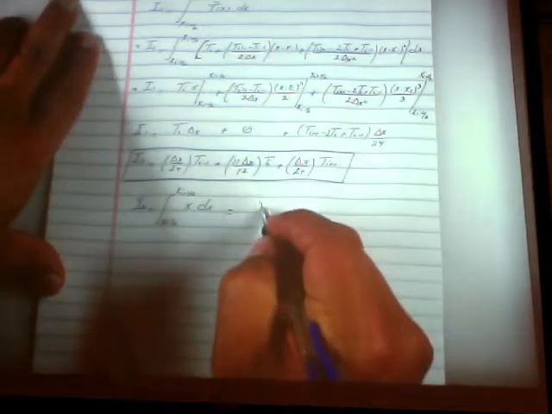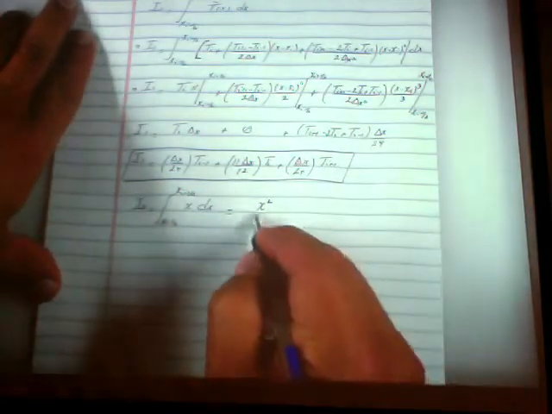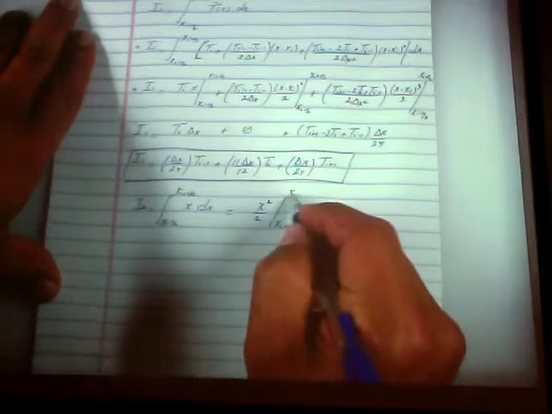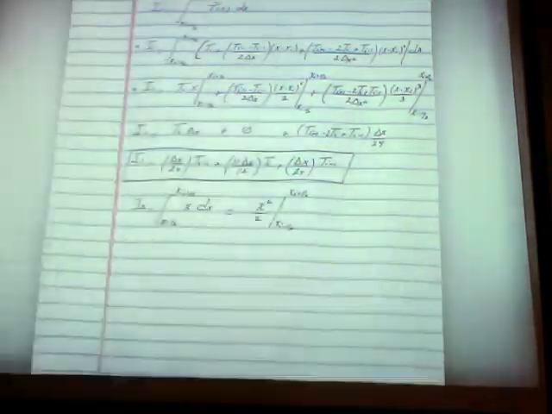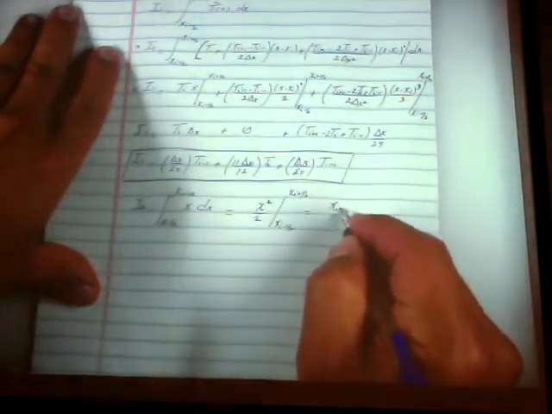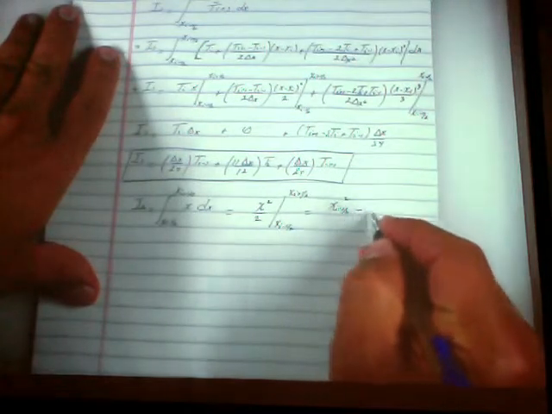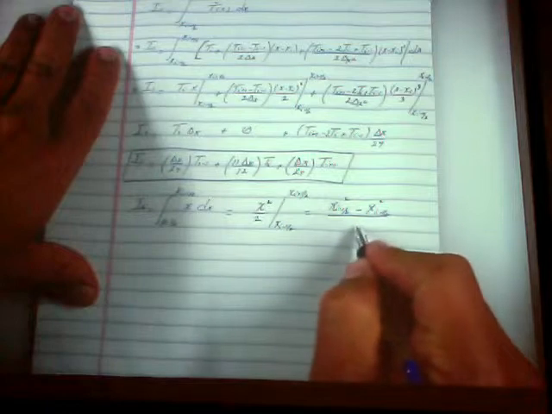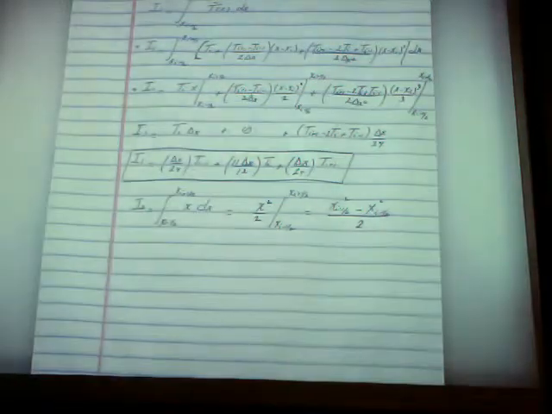That one's simple because this will be x squared over 2 between x_{i-1/2} and x_{i+1/2}. So that would be x_{i+1/2} squared minus x_{i-1/2} squared divided by 2.